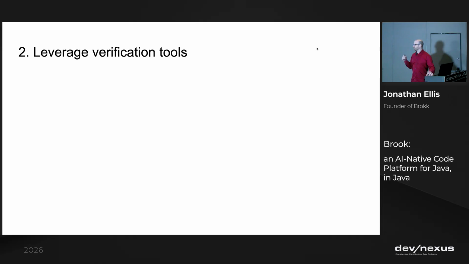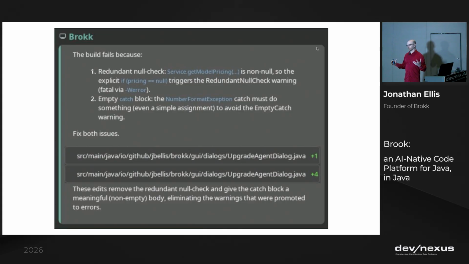Okay, so the second general principle, leverage verification tools. And what I mean by that is, here's an example from Brokk. I got super tired of telling the models, all the models do this: don't check for null when it's obvious that it will never be null, right? Don't add catch exception. Don't do those things.